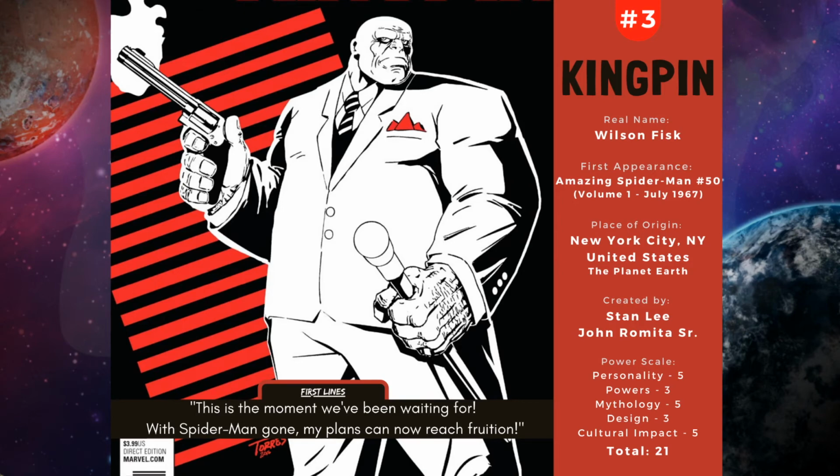His personality gets him a rank of 5, and the Kingpin is one of the most shrewd, conniving, intelligent, street-smart individuals in all of Marvel, and very good at planning, very good at convincing you to be on his side. Powers are 3.